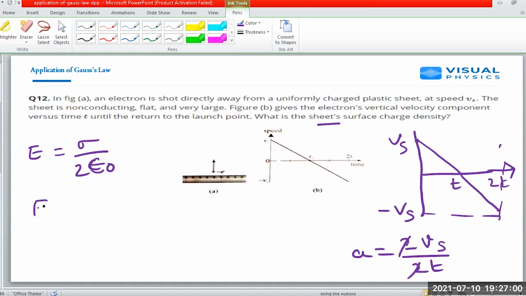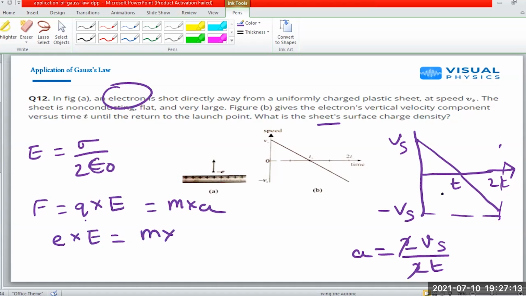I know force is charge into E, equal to mass into acceleration. Because it is an electron, the charge on it will be e, and acceleration we have found from this graph, that is velocity by time. And E is already sigma by 2 epsilon naught. So on putting everything, I'll get 2 epsilon naught m v by e t.